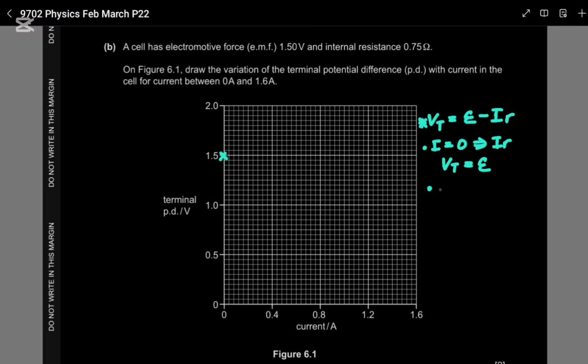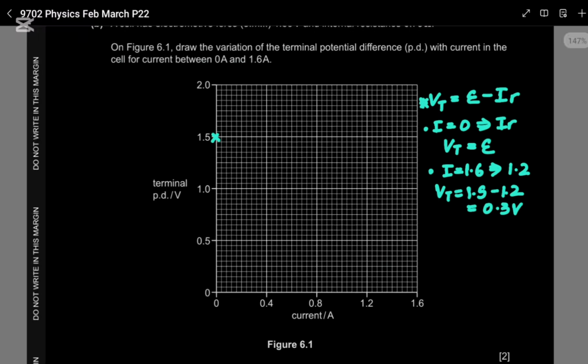Now when I is equal to 1.6 amperes, there is obviously going to be a non-zero value. 1.6 times 0.75 is going to be 1.2, so V terminal is going to be 1.5 minus 1.2, which is 0.3 volts.